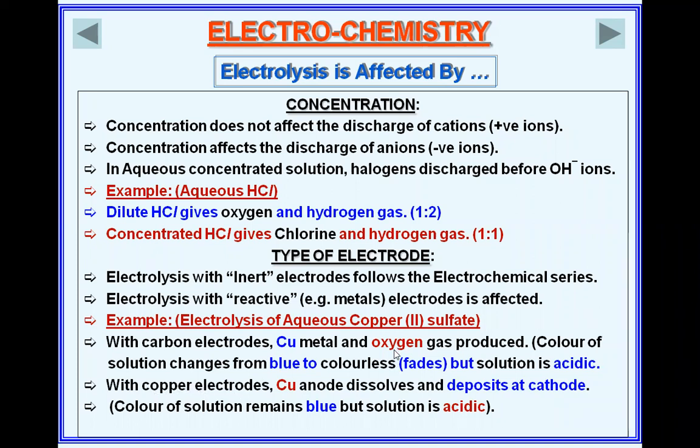But the anode products differ. If carbon electrodes are used, oxygen gas is produced. When active copper electrodes are used, the copper anode dissolves and produces ions in the solution. That is why the color of the solution remains blue, but both solutions are acidic.